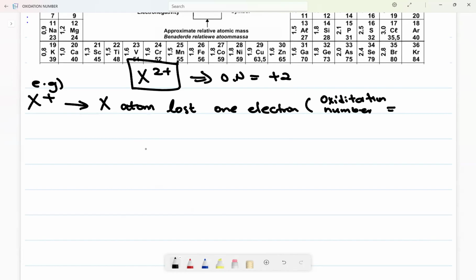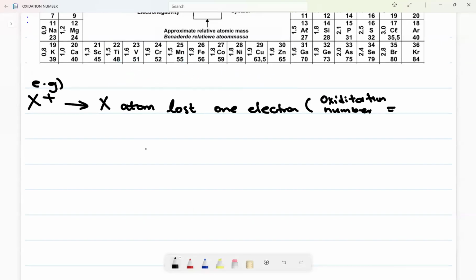I know it's a little bit confusing, but when you write an element, you're going to write 2 plus, but when they ask you what is the oxidation number of X, you're going to say it is plus 2. Okay, why? Because we're going to be using oxidation numbers to calculate.